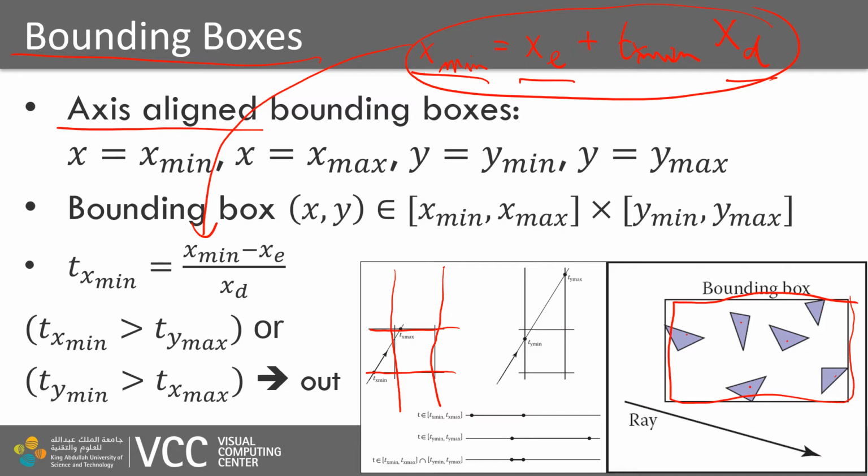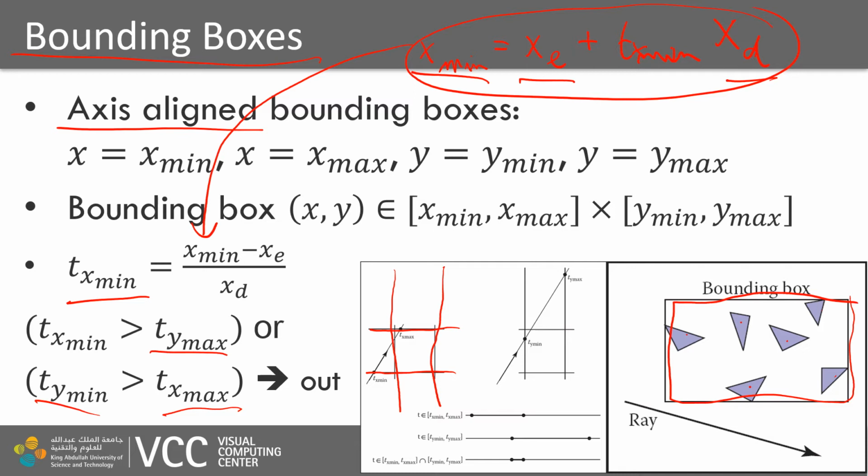And so we will have the Tx min and the Tx max in one dimension, and in another dimension we will in exactly the same way compute the Ty min and Ty max. You can already imagine that for the third dimension there will be a z component too.